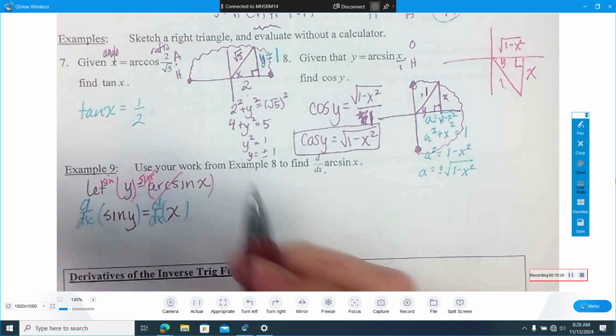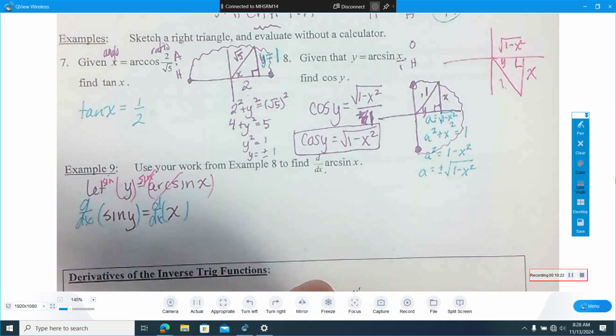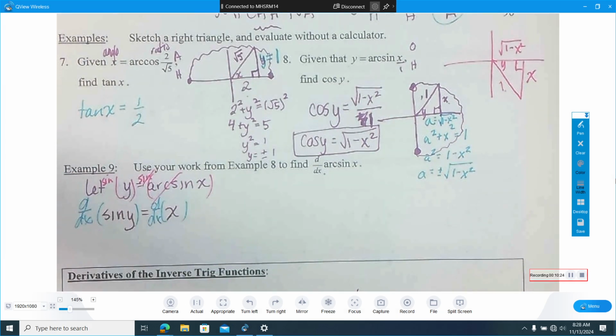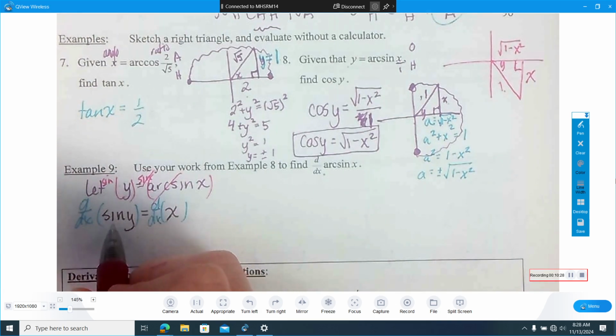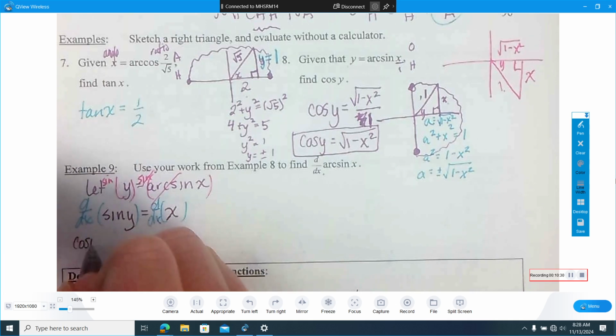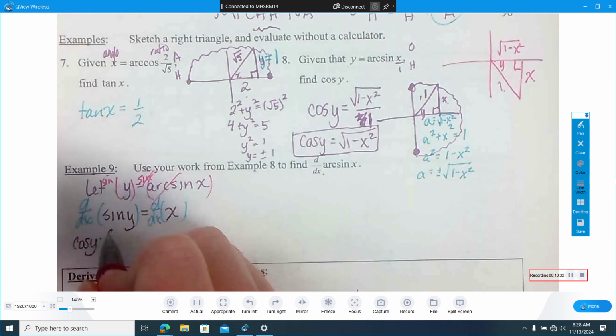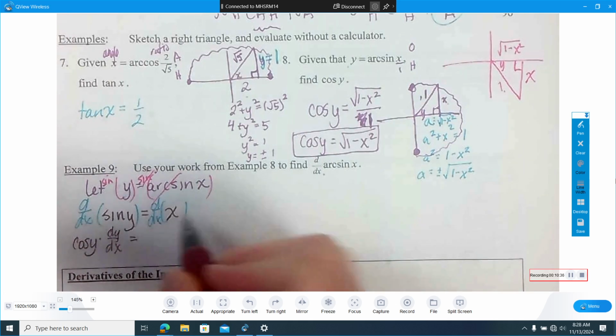What is the derivative of sine y in terms of x? Derivative of sine? Cosine y dy dx equals the derivative of x in terms of x?